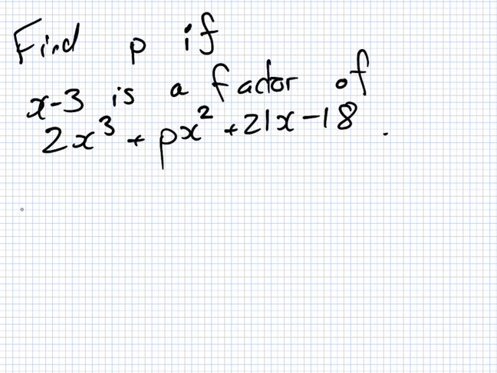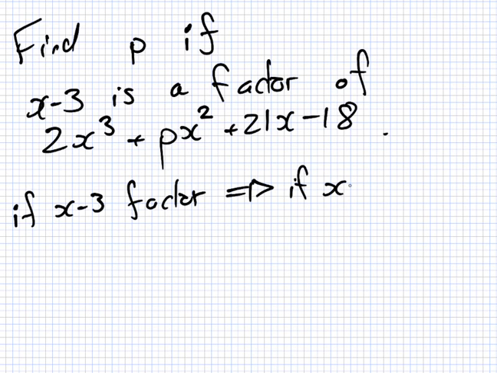You ready? If x minus 3 is a factor, then that means the remainder is 0. True? So if I calculate the remainder by using the remainder theorem, what should I use for x? x equals 3.